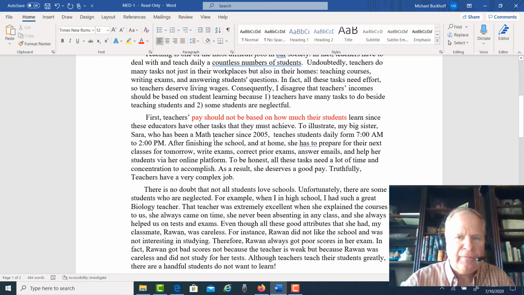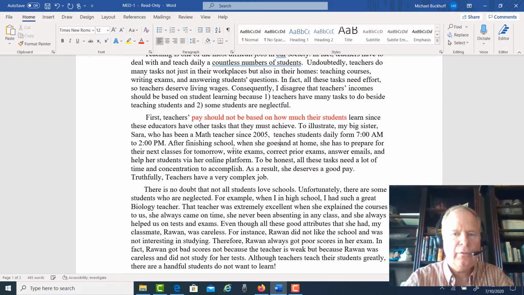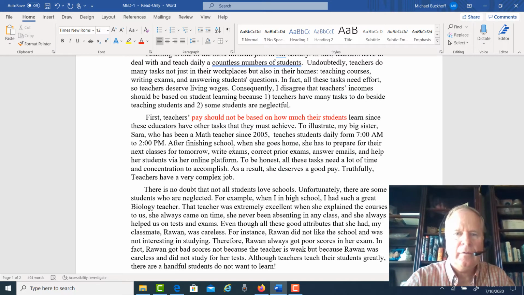After finishing the school, I'm going to put when she goes. After finishing school, when she goes home, she has to prepare for, you put there, no, you want to say her, right?